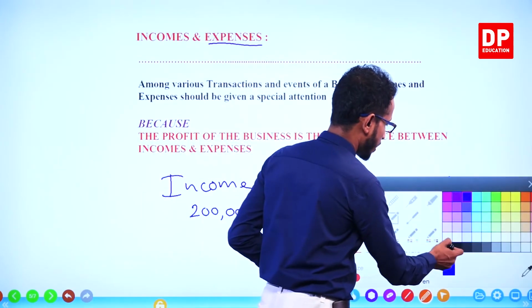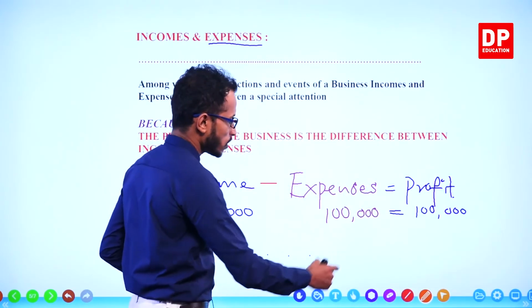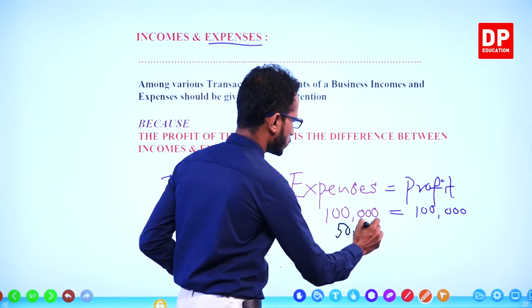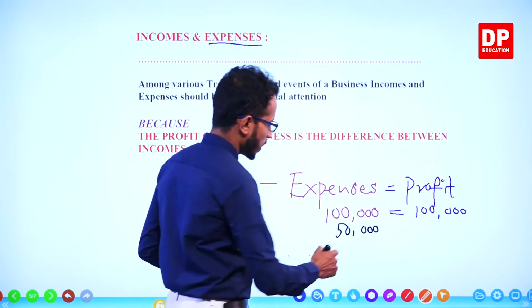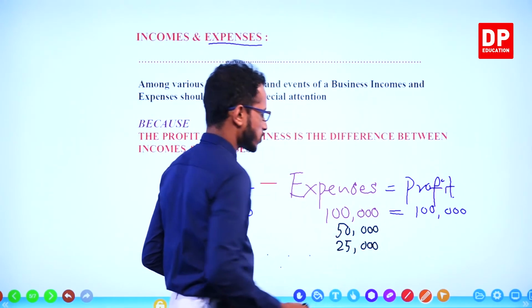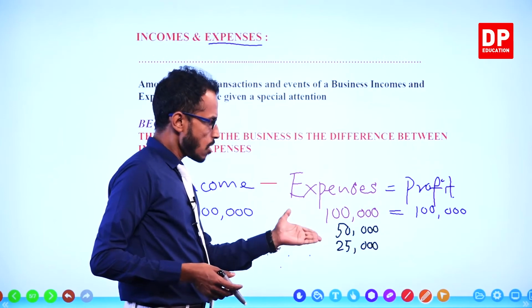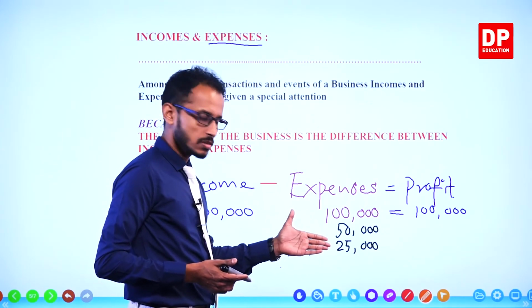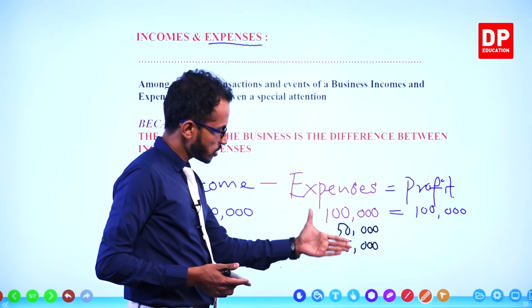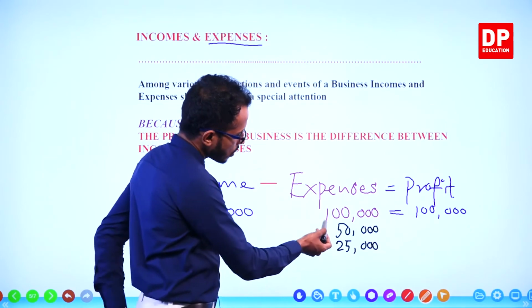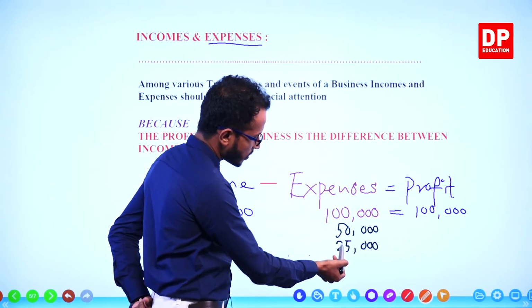Let's say we had to pay the building rent also. Building rent was 50,000. And we had to pay the salary of a salesperson. That was 25,000. Now how much are the total expenses? Tell me. It becomes 175,000.